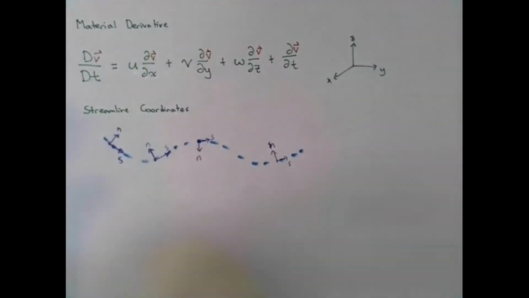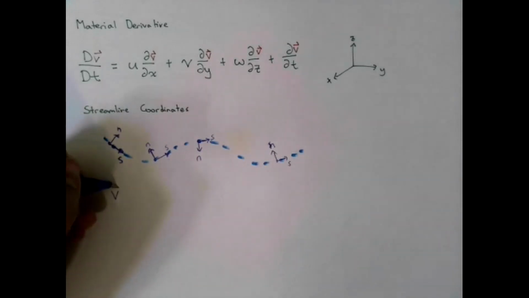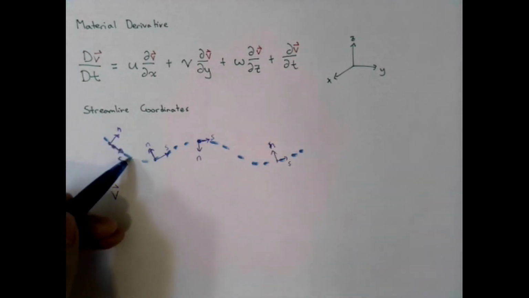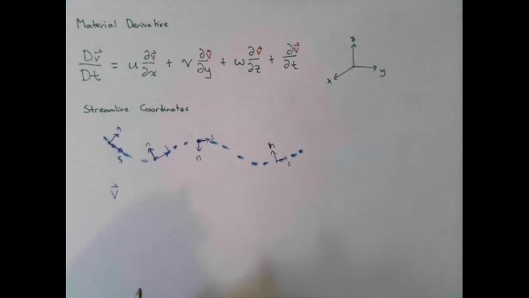Now we'll see why streamlines make our work a little bit easier. If we're looking at streamline coordinates, the first thing that we can see is that the velocity vector will always be tangent to the streamline. In other words, the velocity vector will always be along the direction of the streamline.